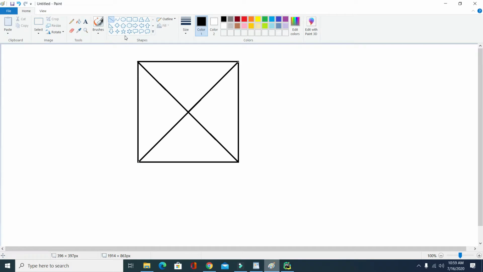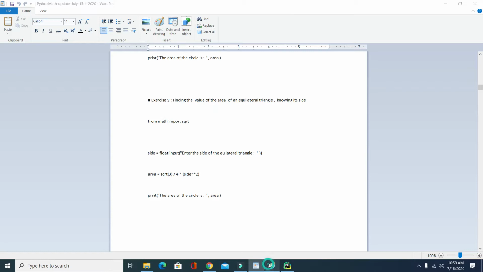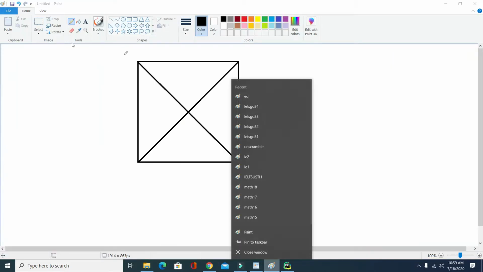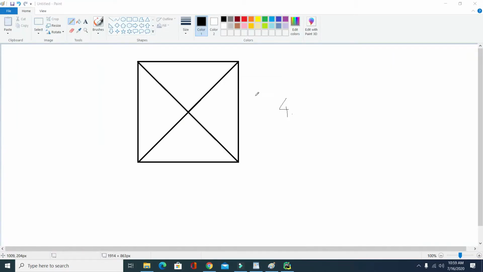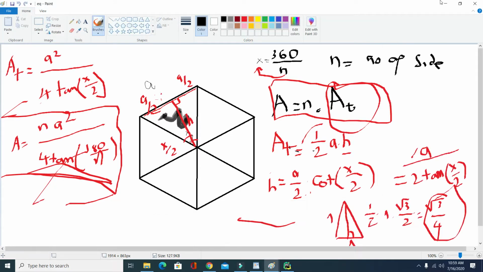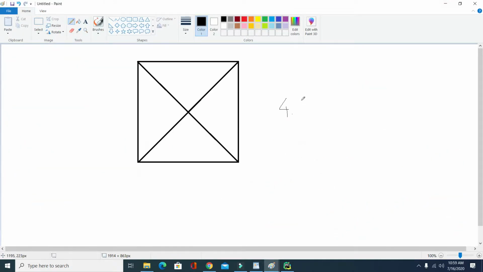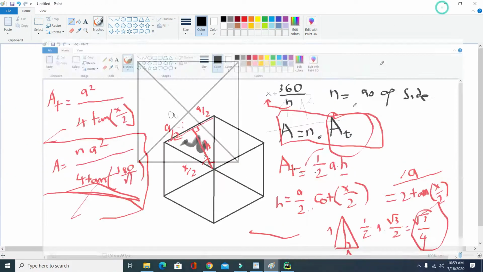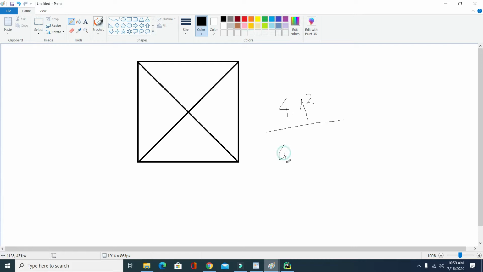So the area is going to be n, which is 4, times the side formula: a squared, which is 1 squared, over 4 times tan of 180 over 4.